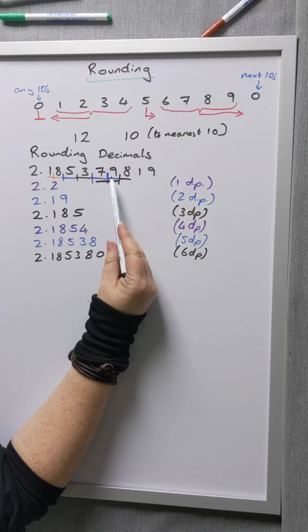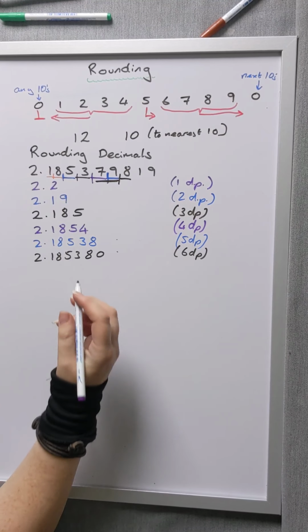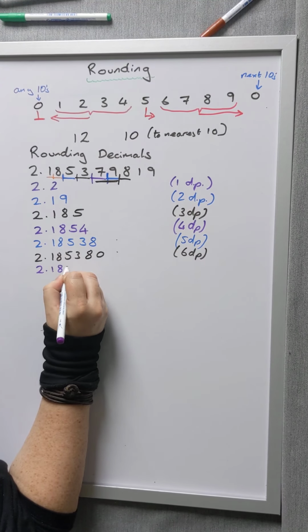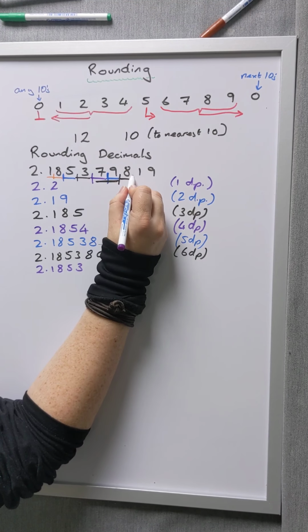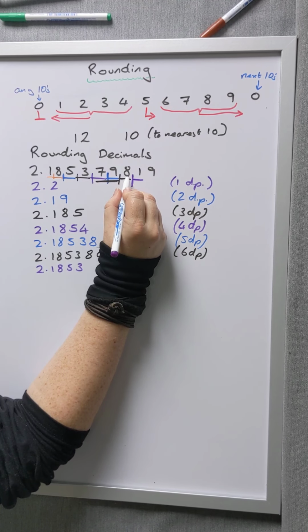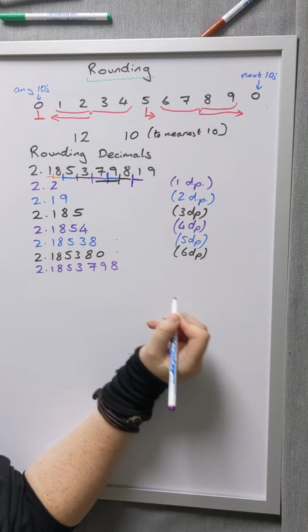And that's the quirk of the 9. And then if we carry on for the next one, we get 2.1853. And this time we're here. The 1 rounds down so that nothing changes here. So we go back to having 7, 9 and 8.